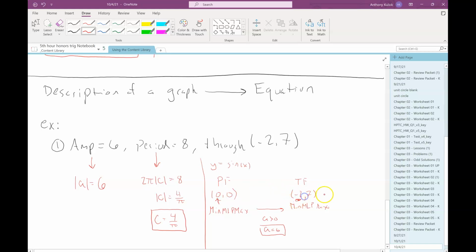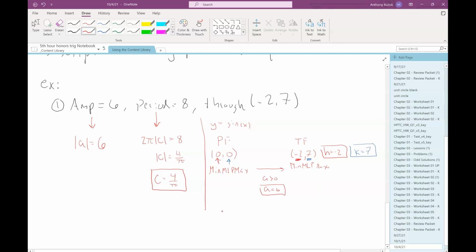Since the x-coordinate for the parent function is 0, the H is going to be the x-coordinate from the transformed function. And since the y-coordinate is 0, the K is going to be the y-coordinate from the transformed function. So that's everything that I need.